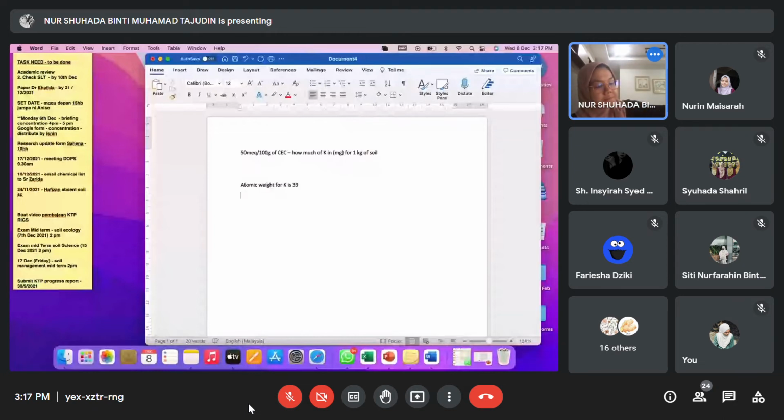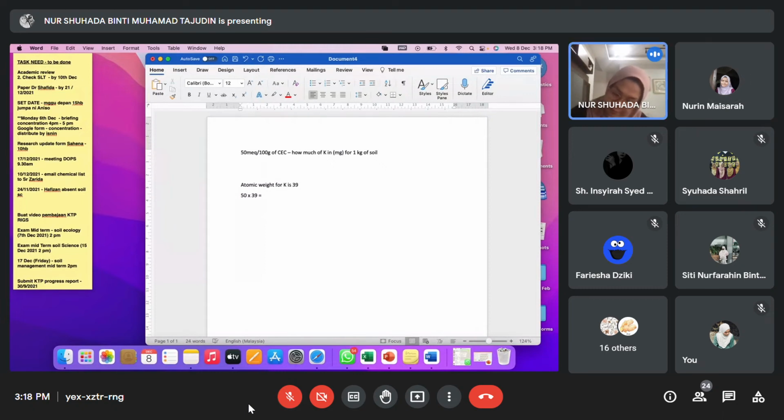Hafizan, berapa jawapan? Hafizan? Nurin, dapat tak Nurin? Dapat tapi tak tahu lah betul ke tak.